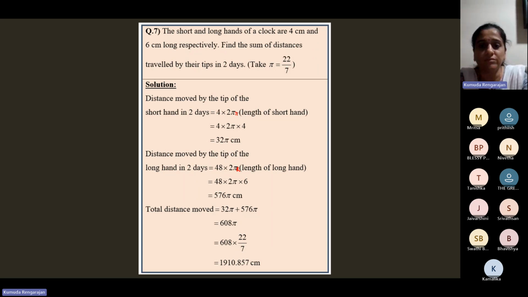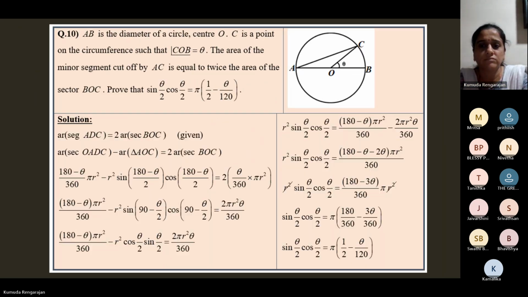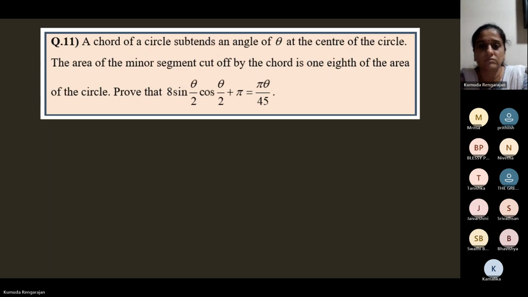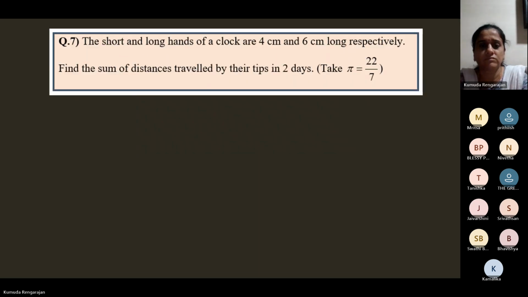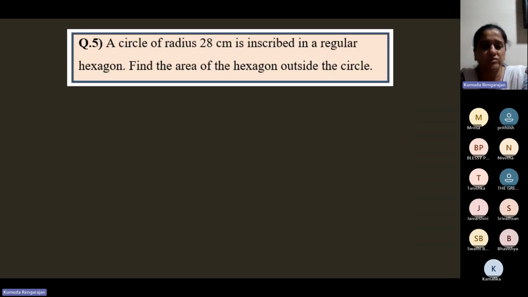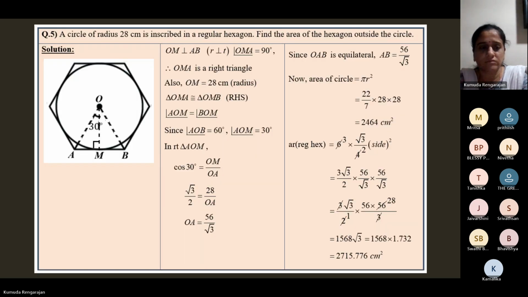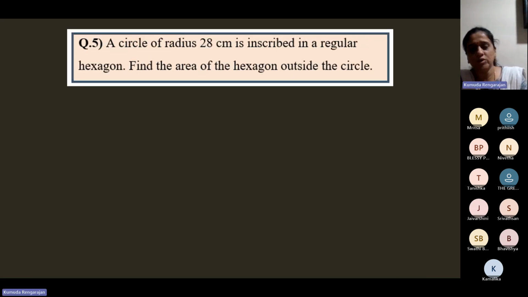The image is on WhatsApp. Most of this we have done. Okay. I'll share this one also on WhatsApp, children.